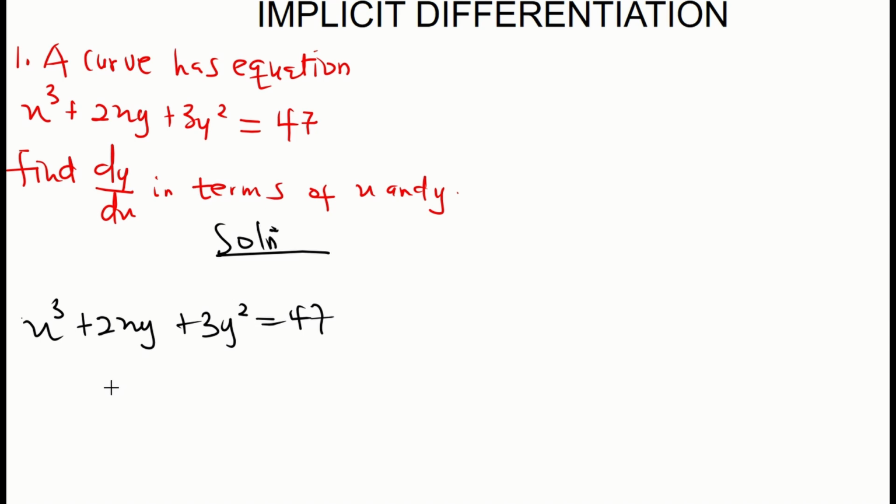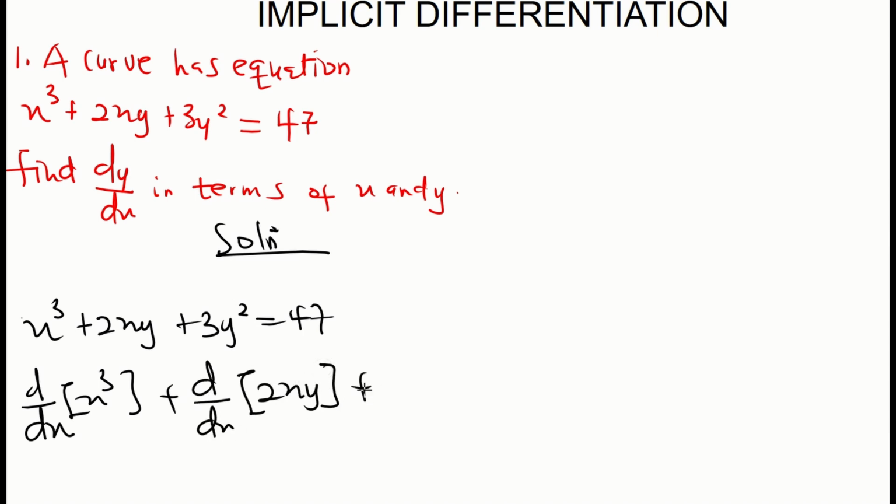We are still going to use the implicit differentiation method, where first we have d/dx of the first term, x to the power 3, plus d/dx of the second term, 2xy, plus d/dx of 3y squared, which is equal to d/dx of 47.